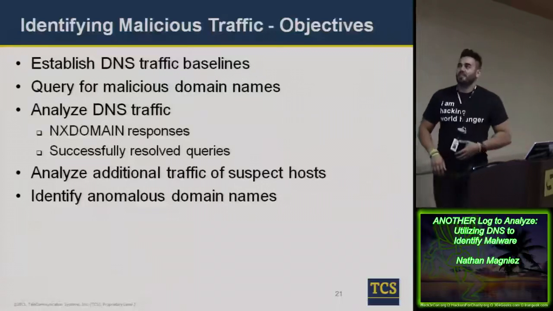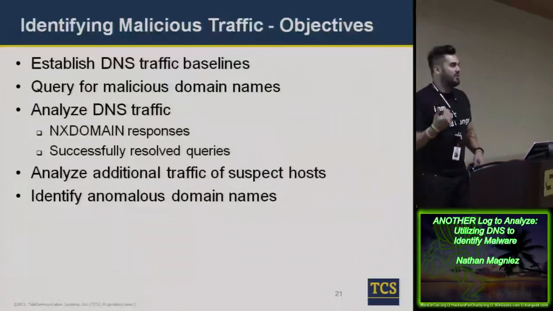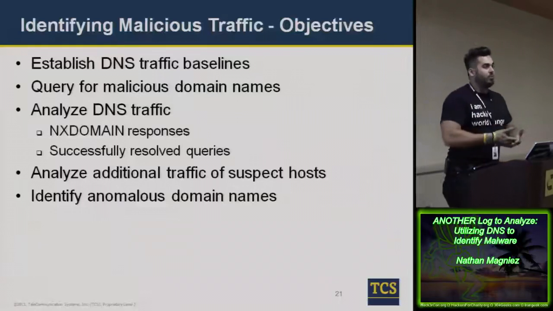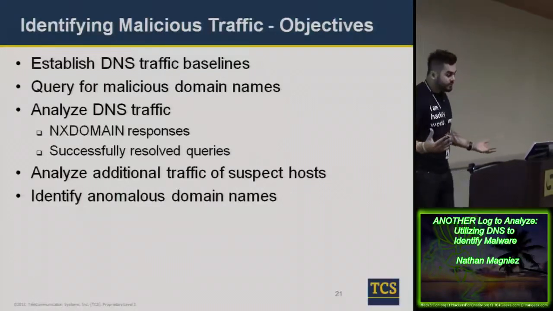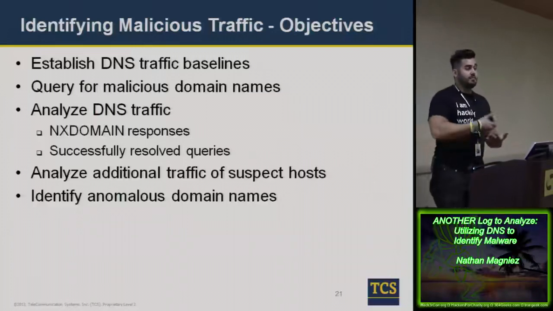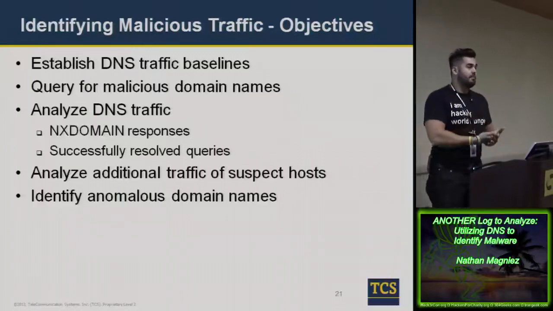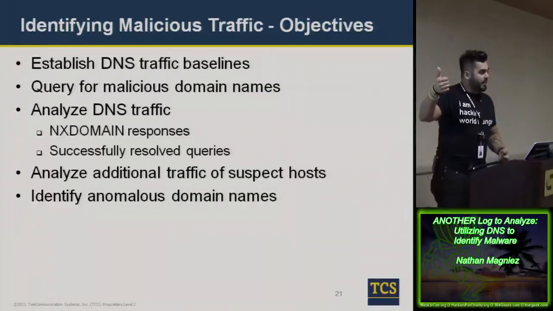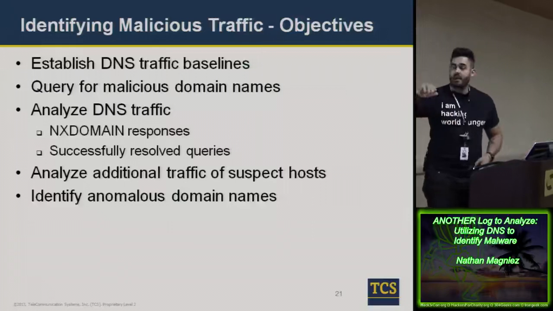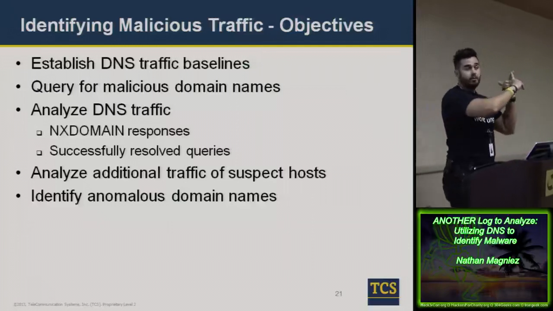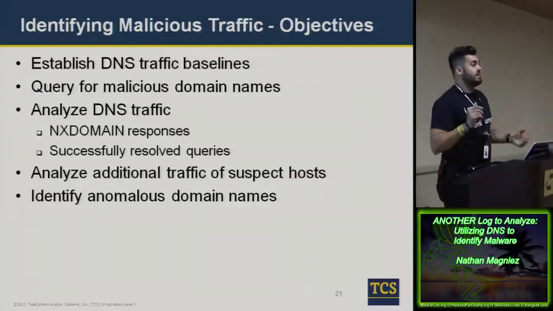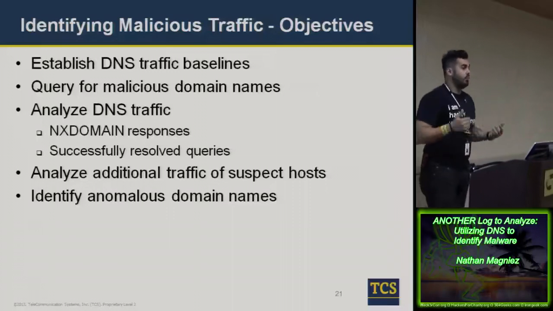Identifying malicious traffic objectives. Some of the things we're going to start to talk about now: we know what we can utilize DNS for, now we're going to talk about specifically how to do it. So we're going to need to do some baselining. Like I said before, know what's normal on your network. So DNS traffic baselines, where your users are going out to, querying for malicious domain names, analysis of the DNS traffic, so the NX domain responses that we talked about before, and then specifically anything that's successfully resolved as well.